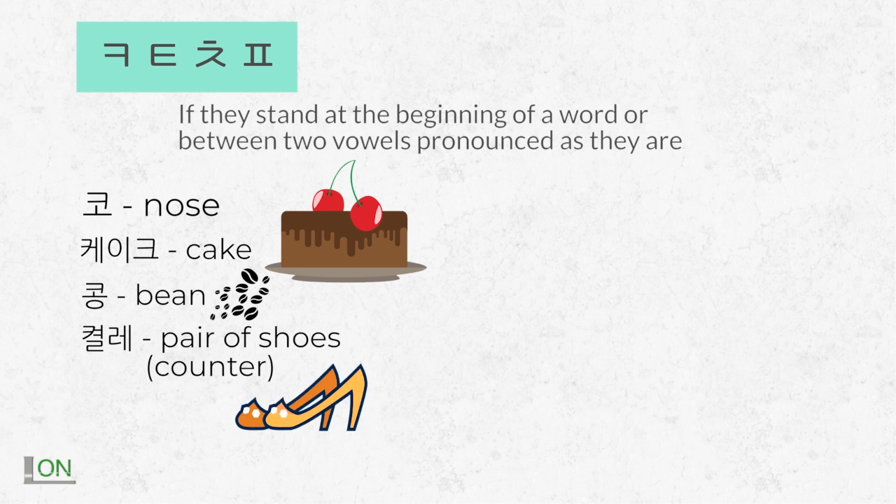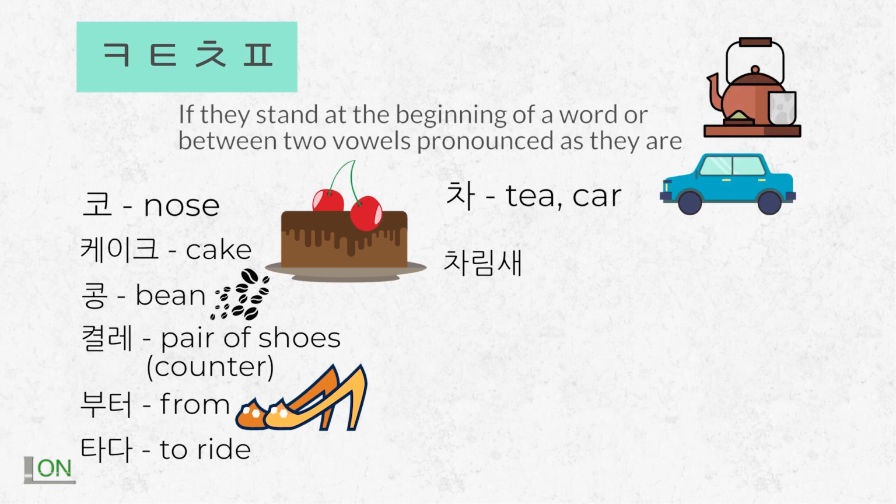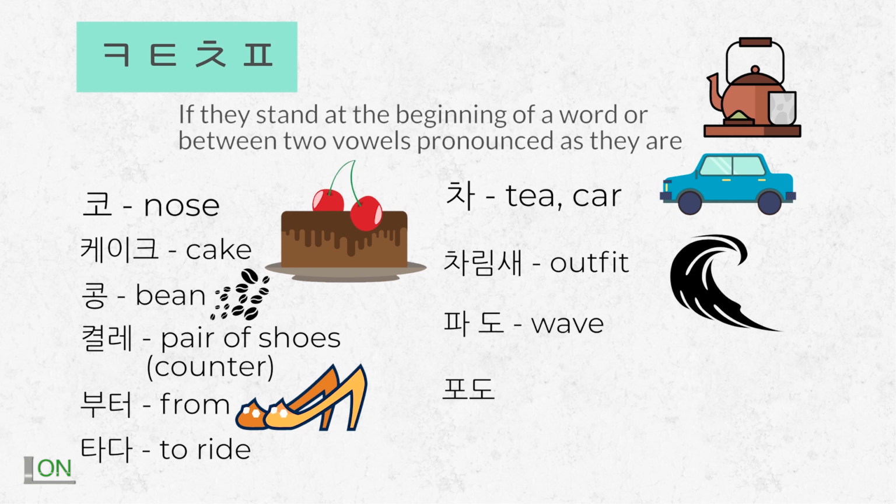It's a counter, and we're gonna learn about counters in our grammar videos, so subscribe and stay tuned. 부터, from, 타다, to ride. 차, tea or car. 차림새, outfit. 파도, wave. 포도, grape. 피, blood.